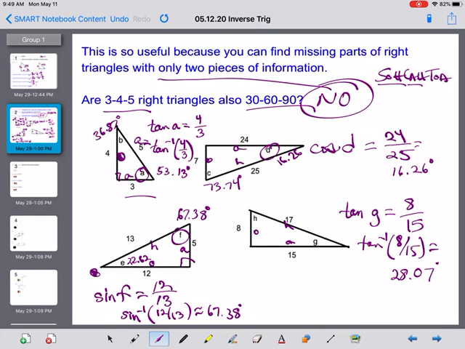So use the inverse when you're finding the angle. Okay, and then the last one by subtracting 90 from 180, 61.93. So those are the corresponding angles.